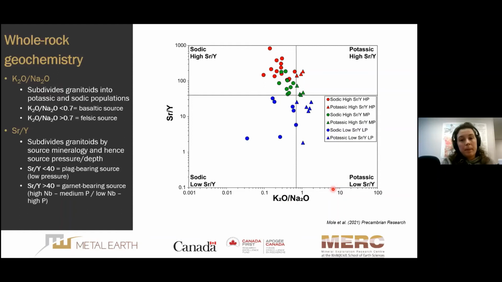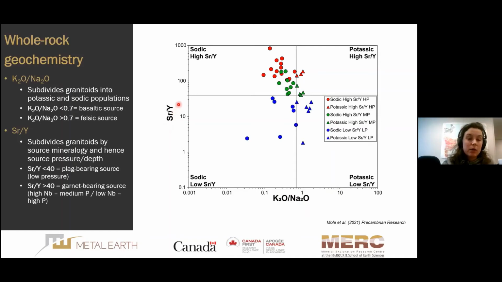And then in addition to that, we used the strontium-yttrium ratio, shown on the y-axis, to subdivide these granitoids by source mineralogy. And so what we've done is that if we have a ratio that's less than 40, we're probably looking at a plagioclase-bearing source indicating low pressure conditions.